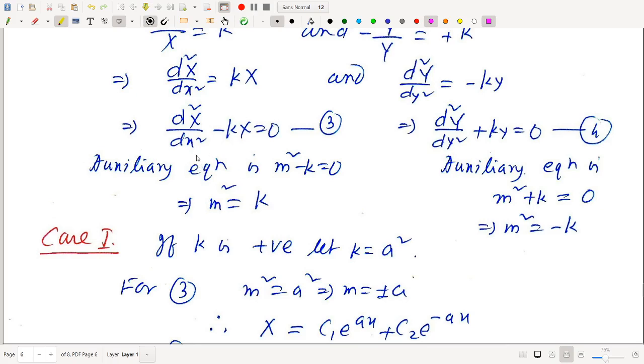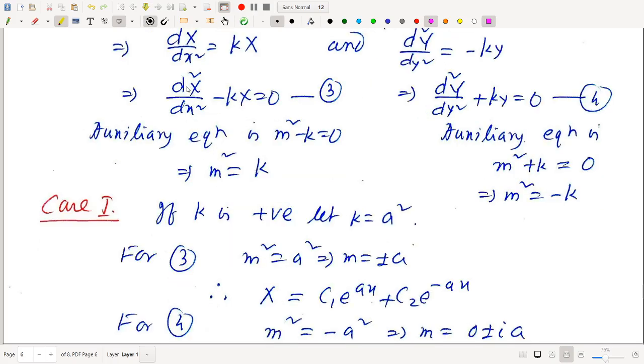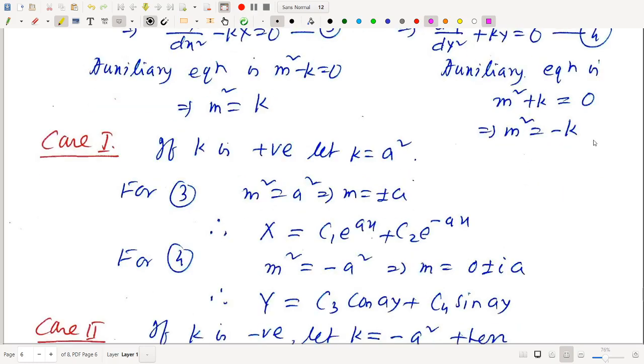Therefore, the auxiliary equation here will be m square minus k equal to 0, means m square equal to k. And here the auxiliary equation will be m square plus k equal to 0, so m square equal to minus k.